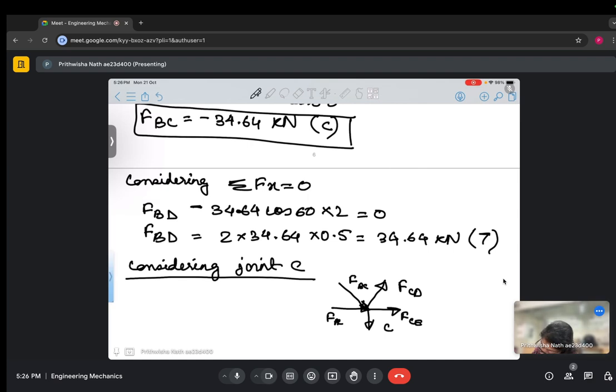Now this angle is 60, this angle is also 60.